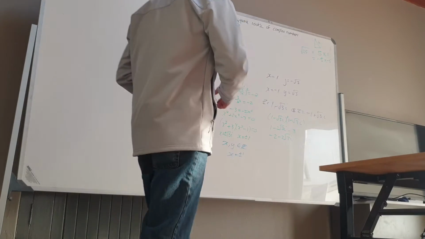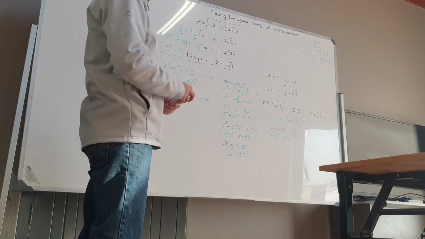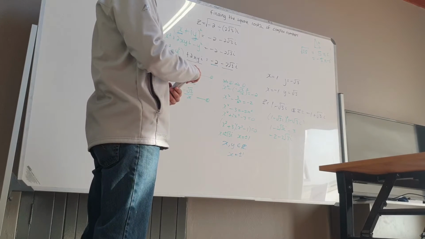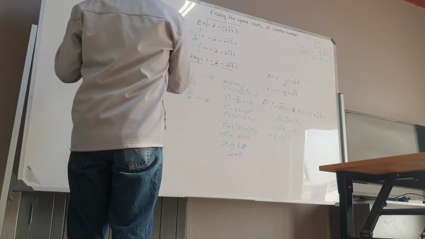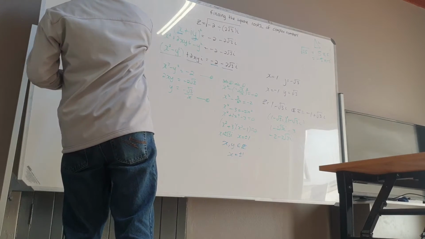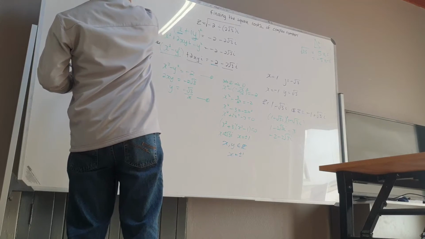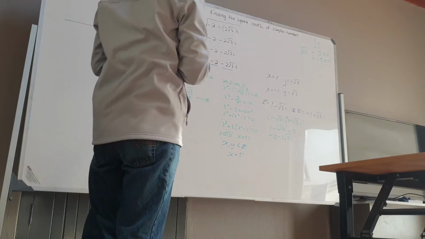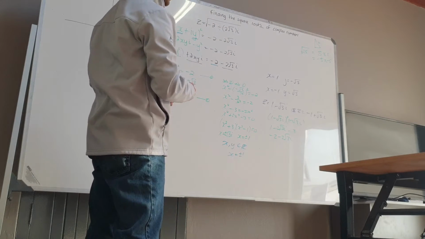Right, the last thing we want to do is draw these two complex numbers on the Argand diagram, because we want to visualize where they are. So the Argand diagram has what components? This is the real, and this is the imaginary. So let's think about where our complex numbers are. Where's the first complex number sitting?